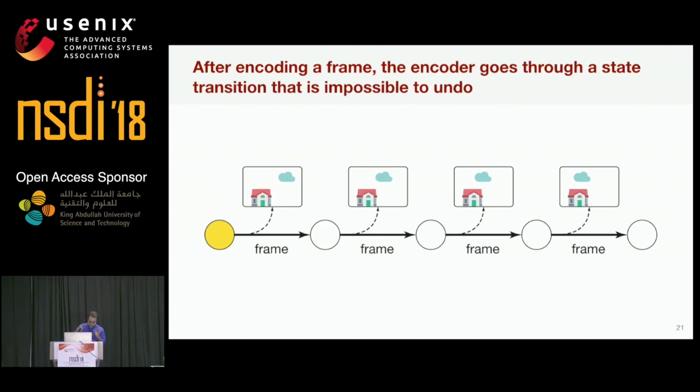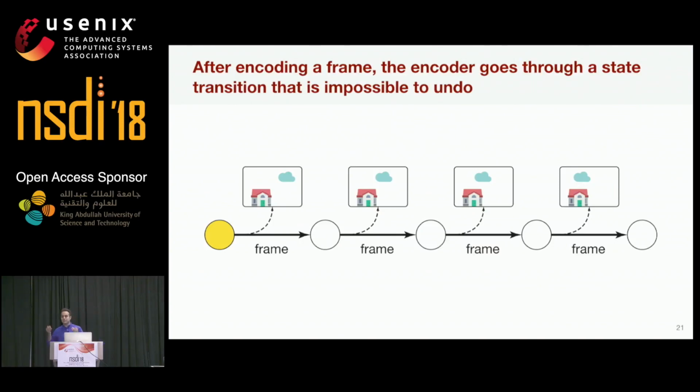The thing is that the encoder, the program responsible for compressing the video, is stateful. After it encodes a frame, it goes through a state transition that is impossible to undo. You can imagine that in that shoe example, you put on the shoe, but you can never take it off again.